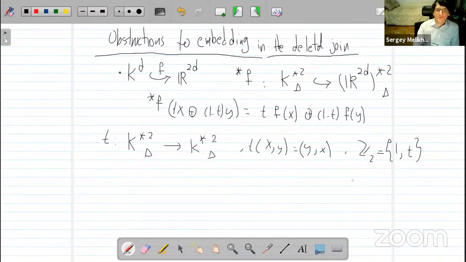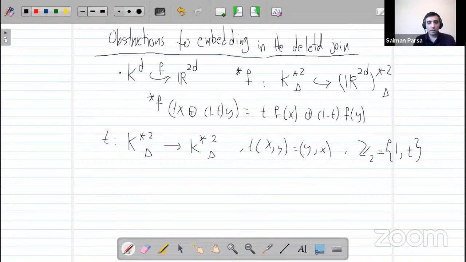Probably this formula is for the deleted product, and for the deleted join there is a similar formula. Yes, sorry. So this is for the deleted product.